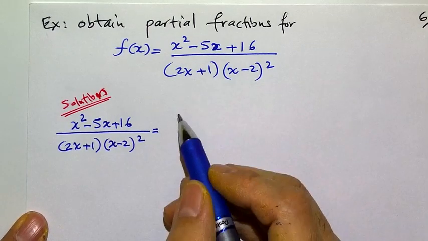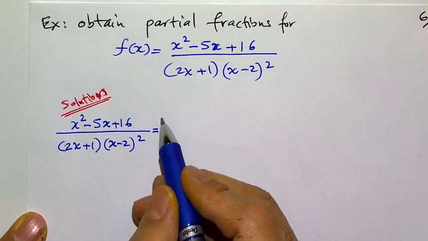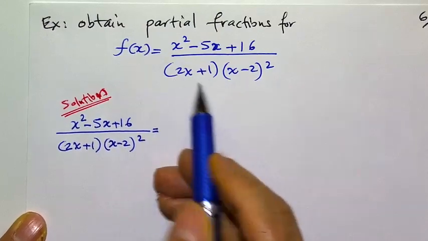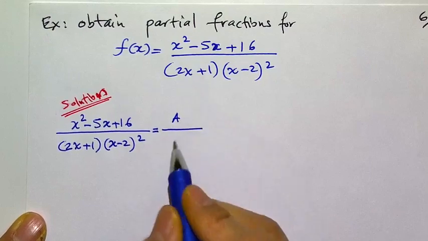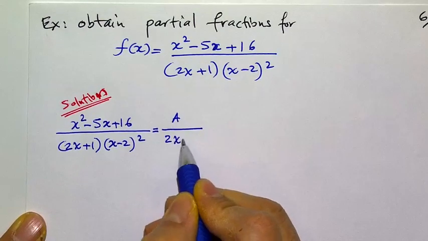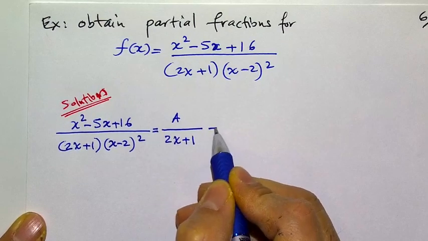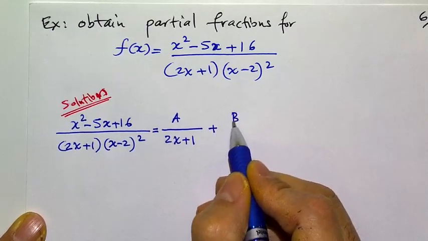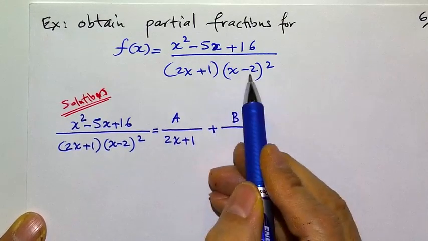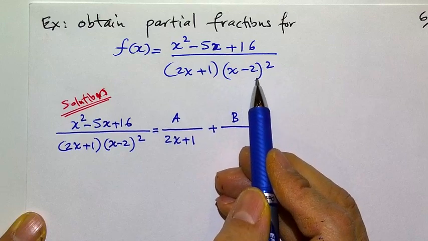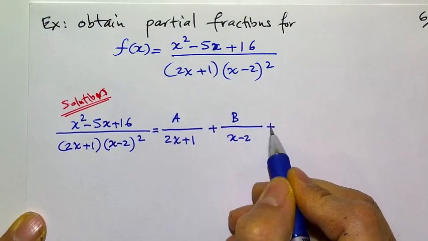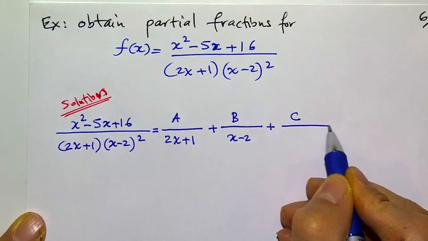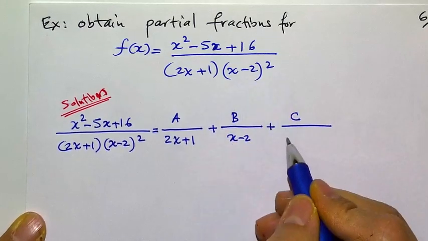That's a good idea. So I'm assuming you've done that and now you're back. So a over this linear factor 2x plus 1, plus b over this factor to the lowest power, 1, x minus 2, because it's repeated, right? Then plus c over x minus 2 squared.